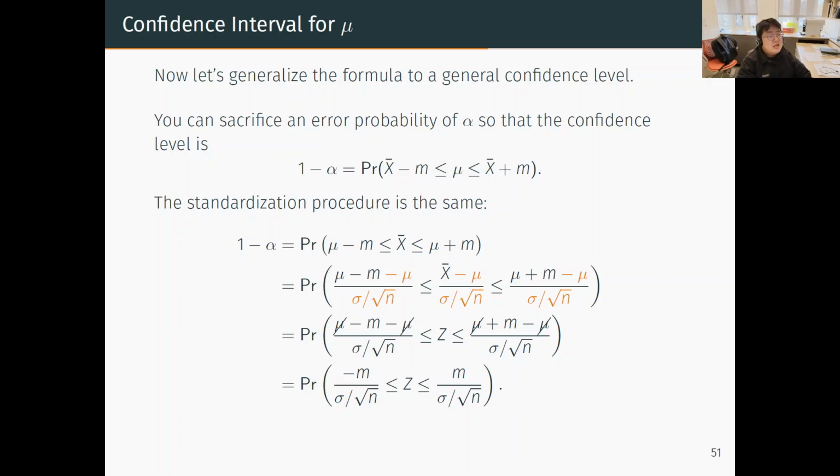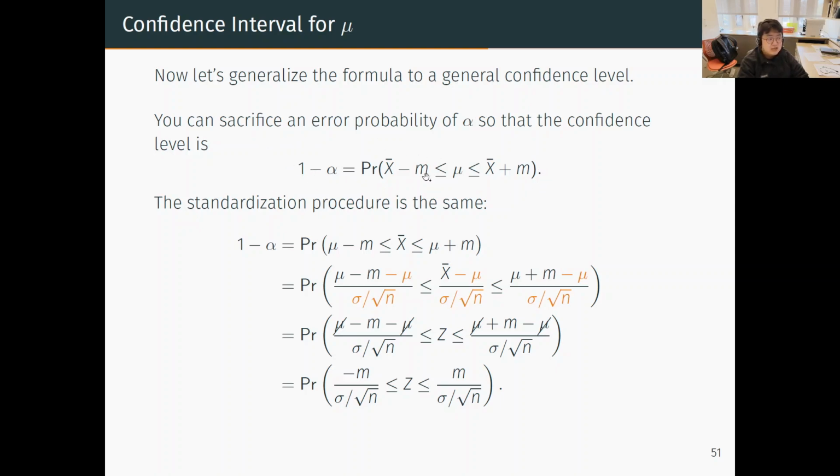And now we are going to generalize that idea to any confidence level, like error probability alpha. So alpha is the error probability we allow, and that means 1 minus alpha is the probability the interval has to contain, right? The interval contains the true parameter with probability 1 minus alpha.